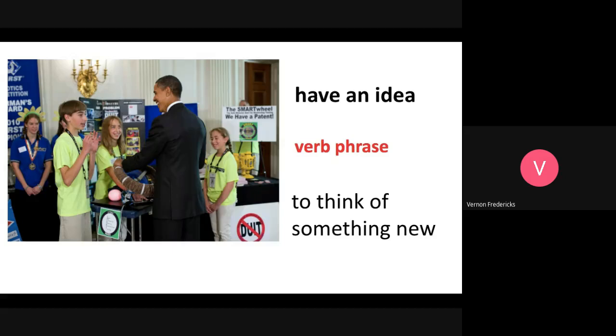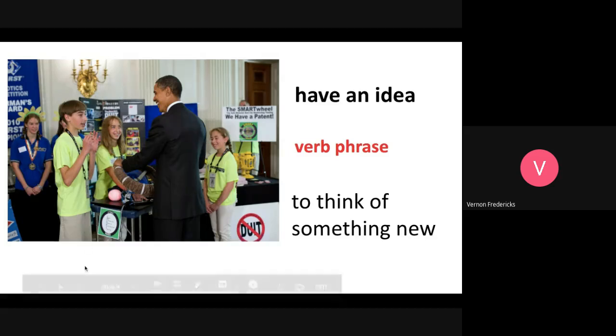So have an idea is a verb phrase, to think of something new. Usually scientists have ideas, our parents have ideas, you also have ideas. Most of the time we have ideas when we have problems. How do we fix this problem?